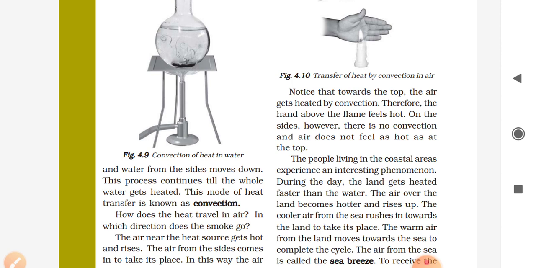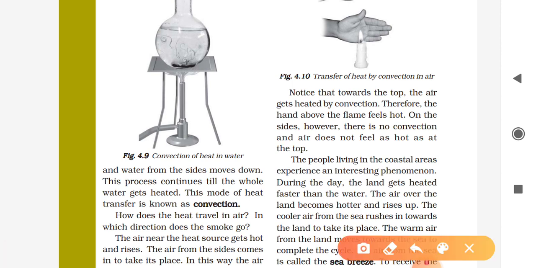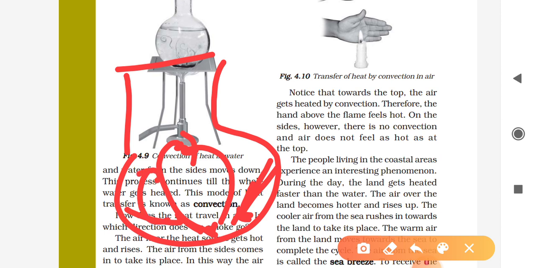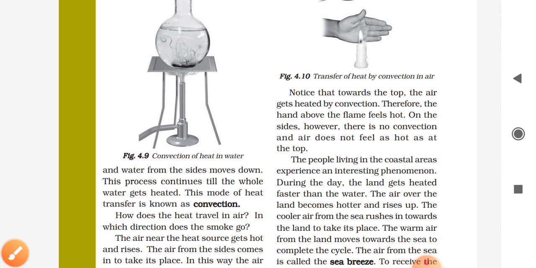The water at the side near the flask, which is also colder, can also go down. The meaning is that the hotter water goes upward, and the side water, all the water present in the upper part, will go downward and get heat. The process happens continuously. This kind of heat transfer is known as convection.